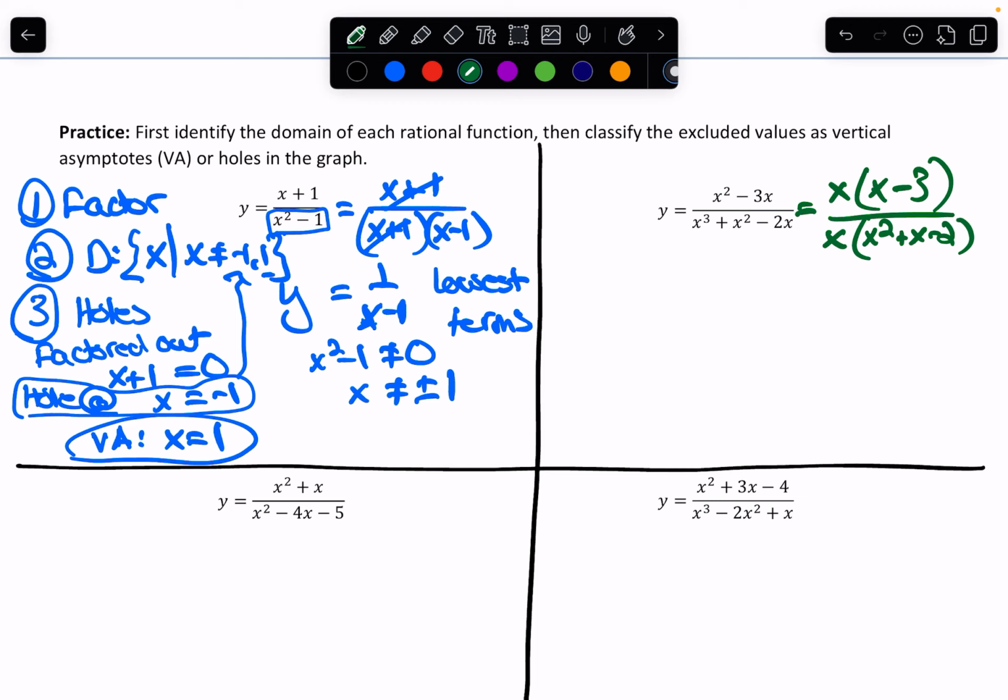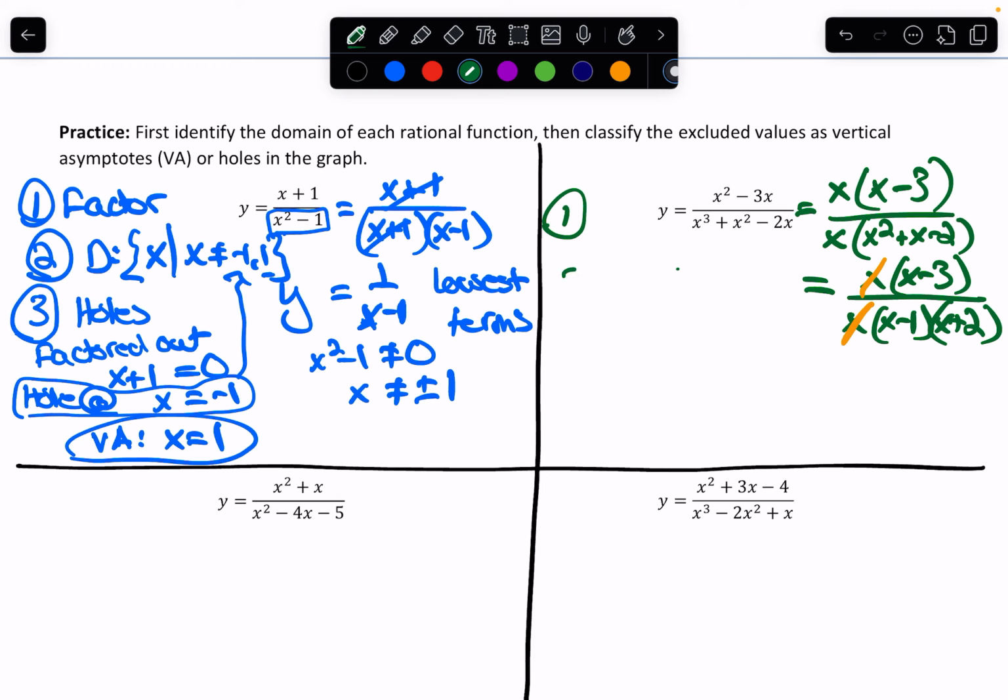And then I'm going to factor even further the x squared plus x minus 2. Our numerator can't be factored anymore. Our denominator is going to be x times x minus 1 times x plus 2. Okay, so the only thing we can factor out here is the x. So this was our step 1, where we are factoring.